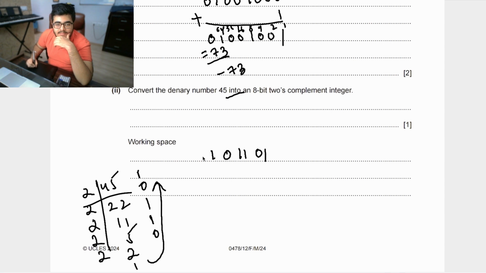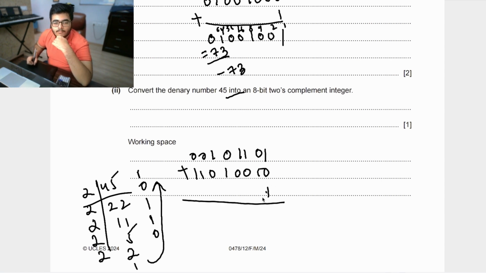So 1 2 3 4 5 6 7 8 bits. When we flip the number, we get 1 1 0 1 0 0 1 0. When we add 1, we get 1 1 0 1 0 0 1 1. So this is the answer.